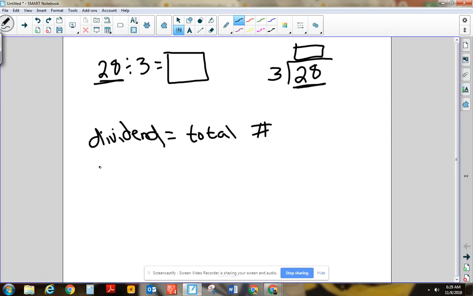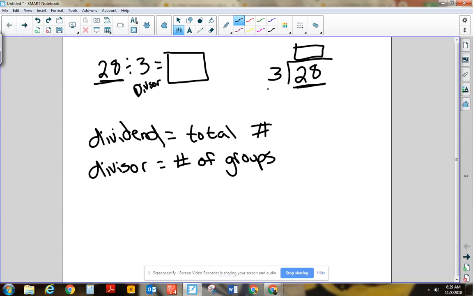The divisor is the number of groups. So in this problem, the 3 is the divisor. And we'll connect this here in just a couple of seconds about what this looks like.